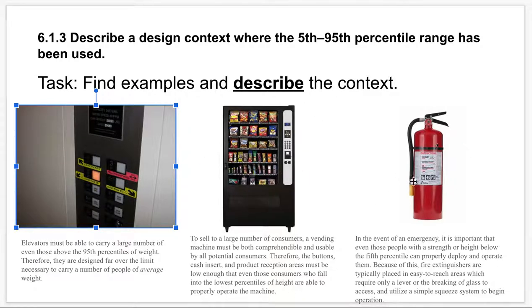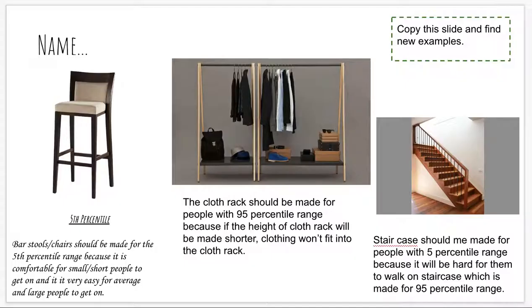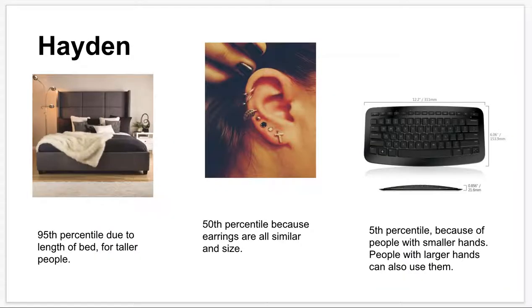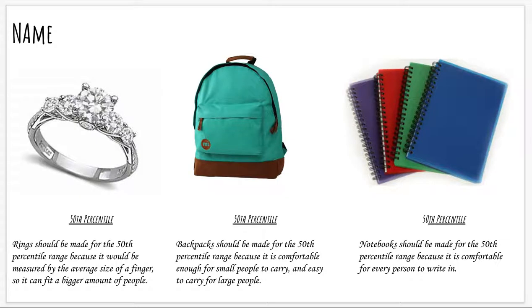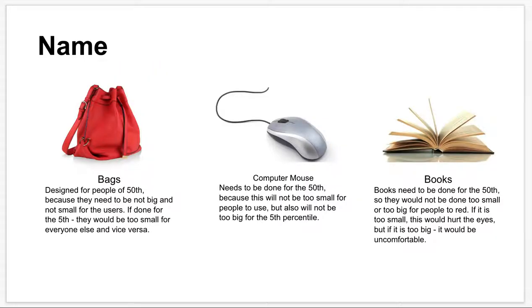And sometimes in emergency cases, everybody needs to be able to get to it, so again it's a little bit lower. If you want to flip through the slides, you can see a couple of other examples and their definitions. Your task right now is to press pause and fill out the form, finding some examples of the 95th and the 5th. Okay, press pause.